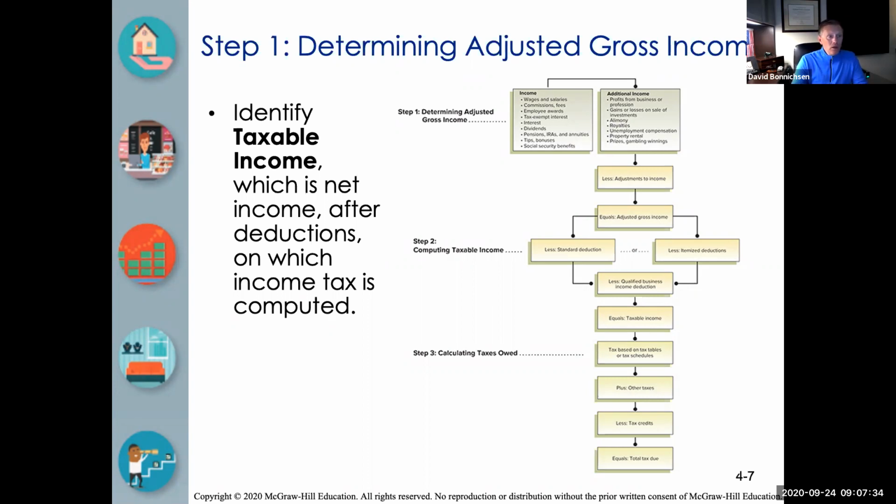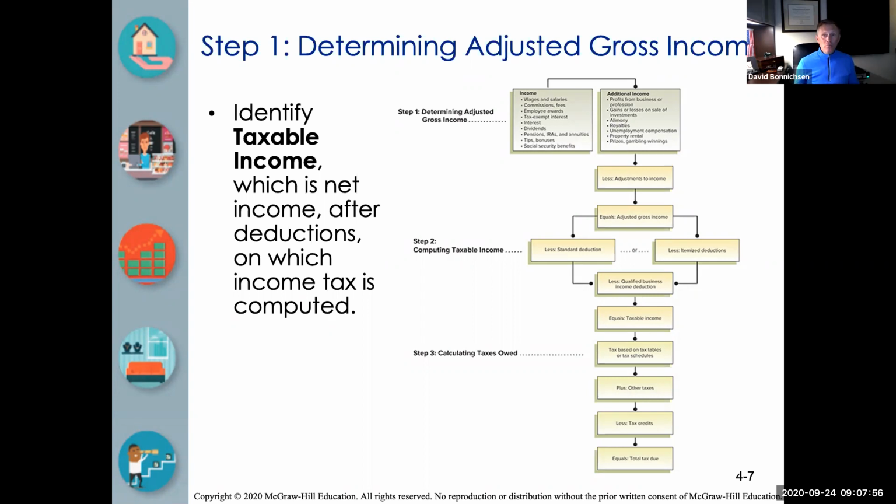This one isn't applicable to you yet, but it might be for your grandparents: income that they're receiving from their IRA. If they're taking distributions from their IRA to support their lifestyle, that flows into their 1040 as taxable income. And then we have other types of income.